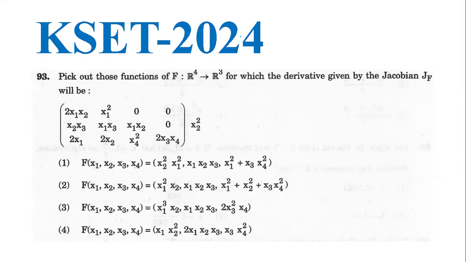KSET 2024 question. Pick out the functions f from R raised to 4 to R3 for which the derivative given by the Jacobian J of f will be 2x1 x2, x1 square, 0, 0; x2 x3, x1 x3, x1 x2, 0; 2x1, 2x2, x4 square, 2x3 x4.